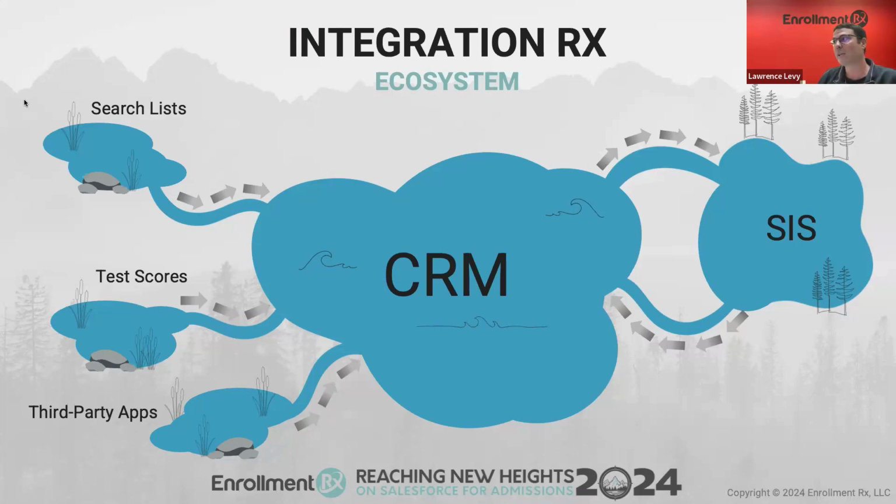But then on the right-hand side, we're typically only sending admitted student data over to the SIS so that those students now can go on and do what they need to do as a student in the SIS. But the CRM is really where the recruitment and admission staff are able to accomplish the entirety of their jobs without, to be very extreme about it, in theory, not even needing to ever log into the SIS, right, Barb?